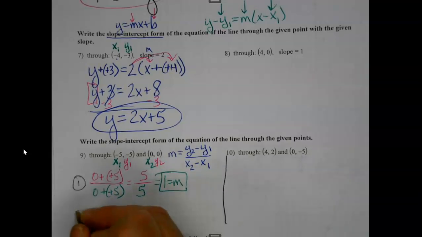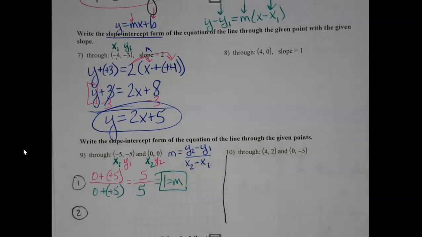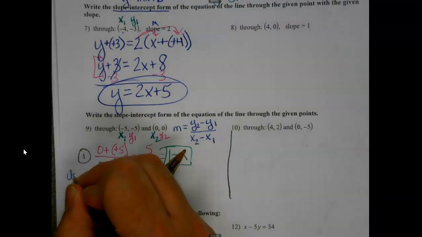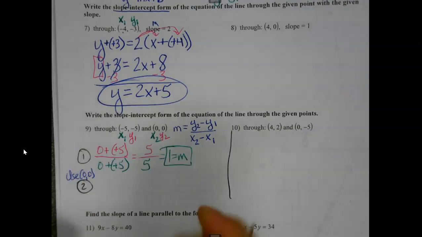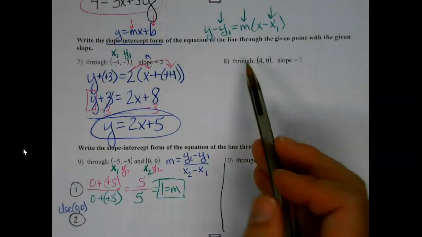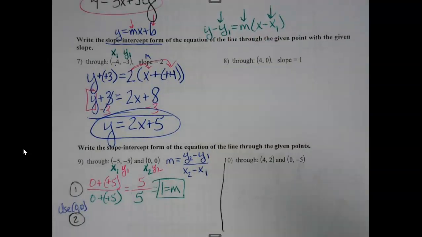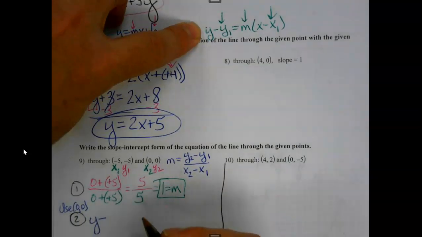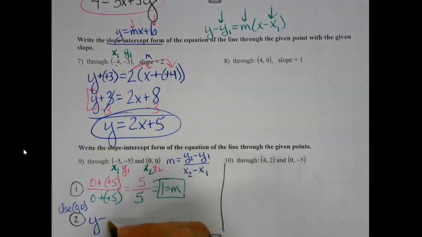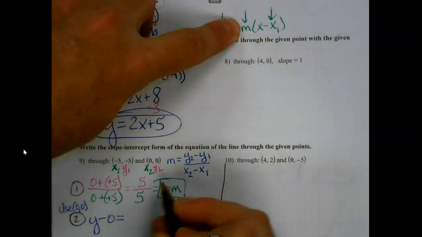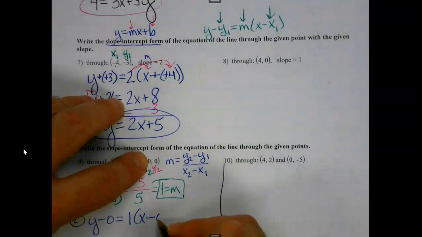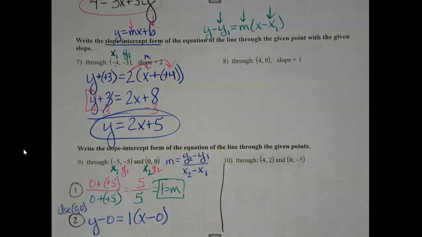So to get that, we're going to pick one of the 2 points above. It does not matter which one you pick. I love zeros, so I'm going to use 0, 0. And we're basically going to do this. So I get down here and I'm like, all right, y minus, my y value is 0, equals my m, x minus, and my x value is also 0.